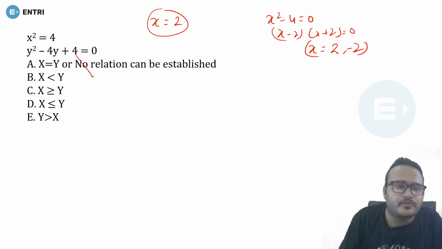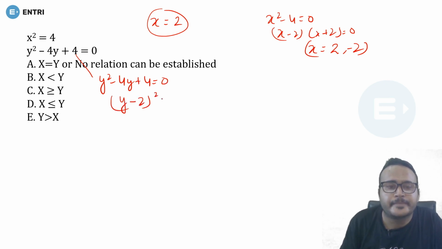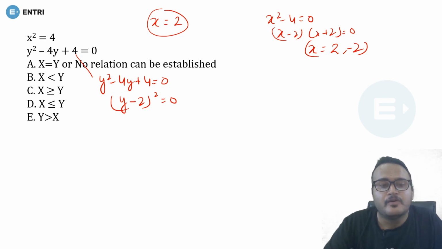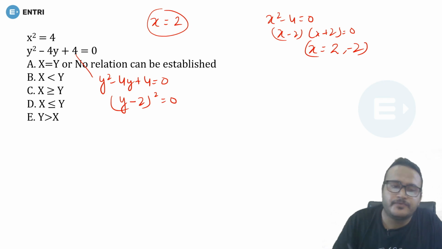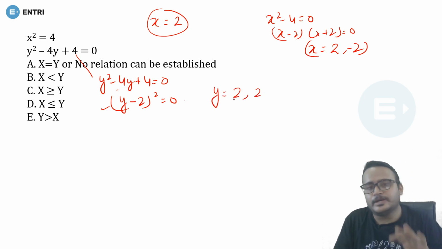And the next question you have, y square minus 4y plus 4 equals 0. Obviously this is nothing but y minus 2 whole square equals 0. If you open this, you will have y square plus 4 minus 4y. So if you solve this, you will have the value of y as plus 2 and plus 2.